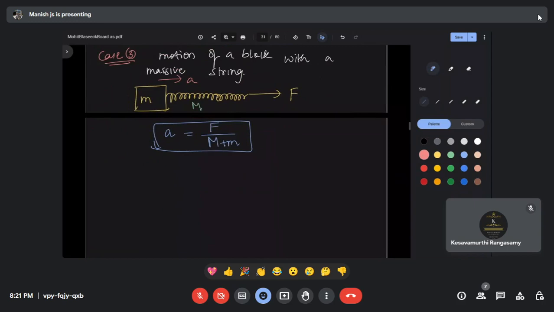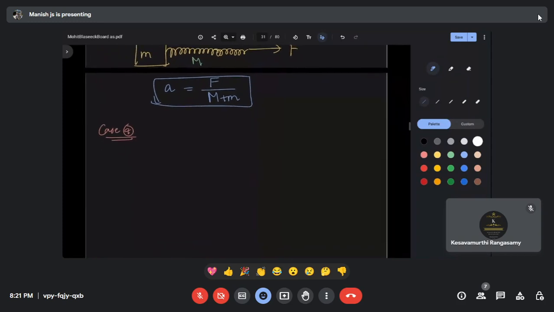So this is the third case. Okay. So next, the fourth case, we have a pulley system. A pulley connected to a system of 2 blocks.